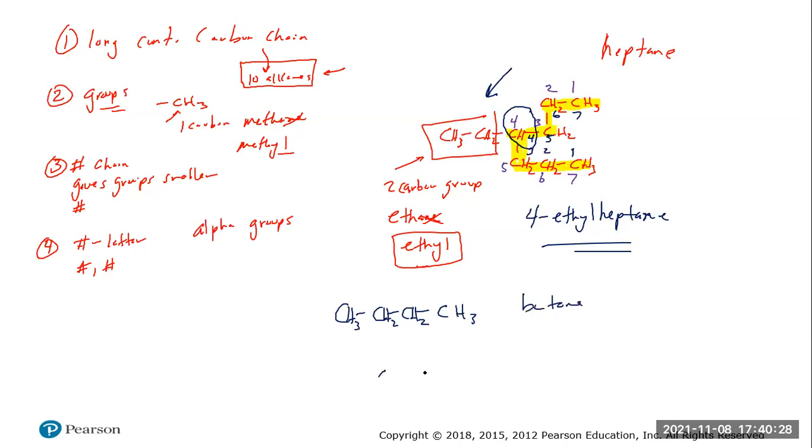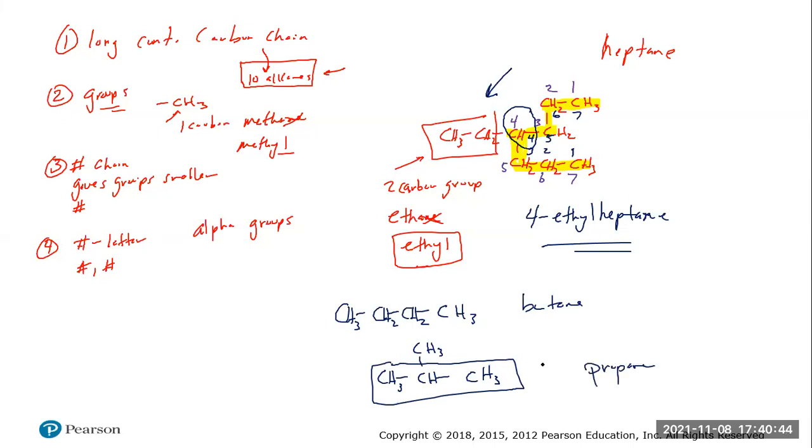We could then go, if you wanted 3 carbons, and put 1 carbon up on top. As we talked about, the longest continuous carbon chain here is only 3, which would give you propane.